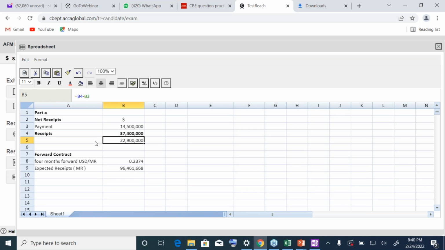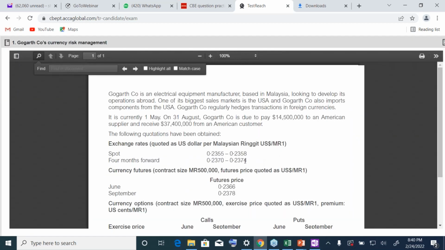The net receipt is in dollars, the rate is given in dollar over MR, so you have to divide. And whenever you divide, always divide with the higher rate. Higher rate is 0.2374. In case of receipt, you have to divide with the higher rate.